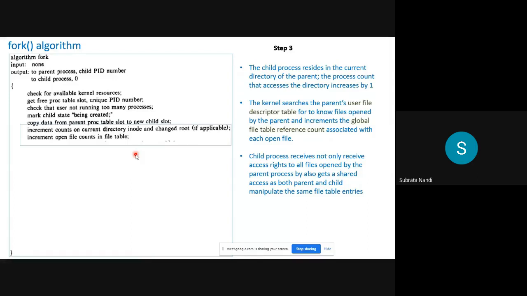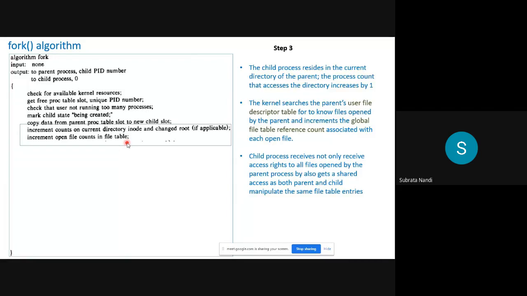So the process count corresponding to that directory file will be incremented by 1. Try to recall the discussion that I just did earlier in this class. And then increment the open file counts in the file table. So this is the offset. But before the offset, we have the file descriptor count.